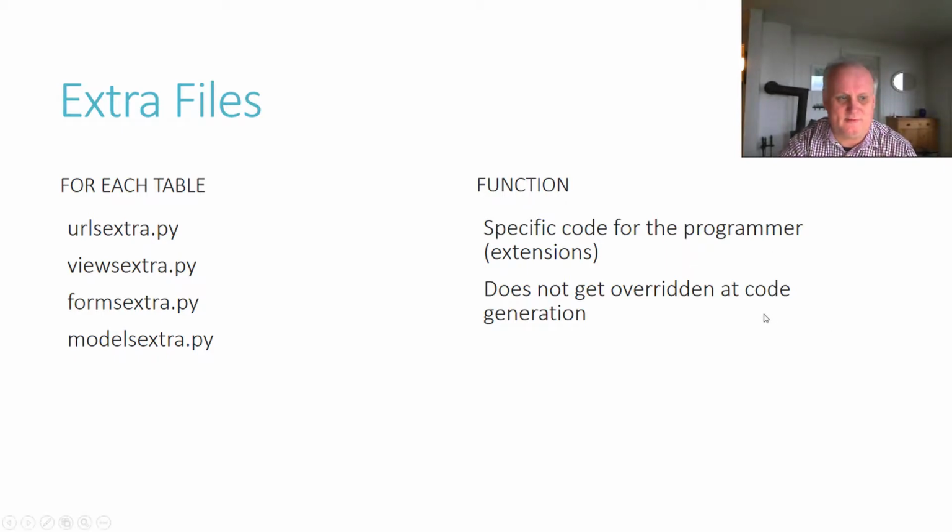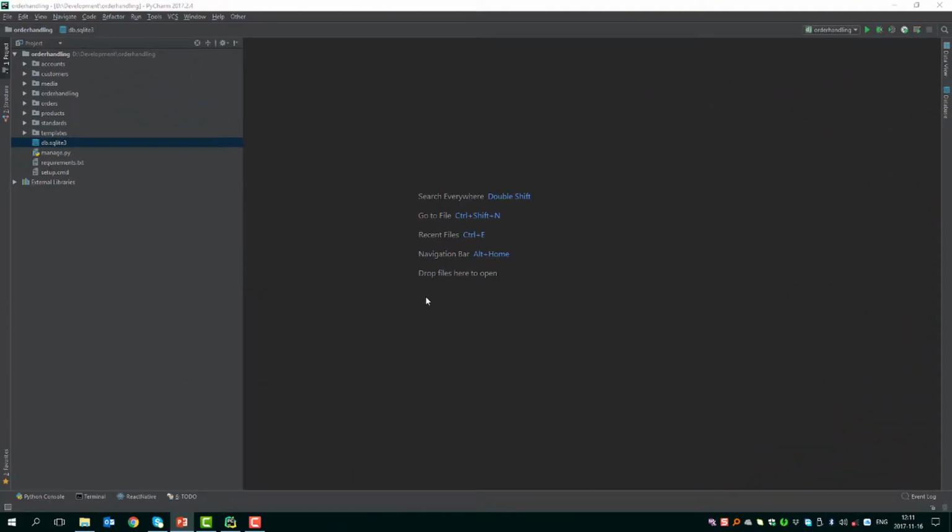So let me go to the editor now. We are now in the editor, and I have taken the order handling system that we generated before into PyCharm, because I like working in PyCharm. We have already made a video about the structure of these projects, but very briefly, we have customers, orders, and products, which are the schemas that we defined.